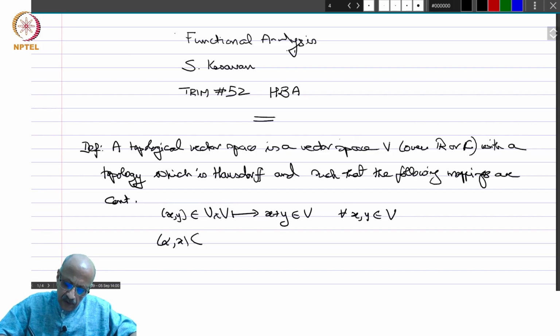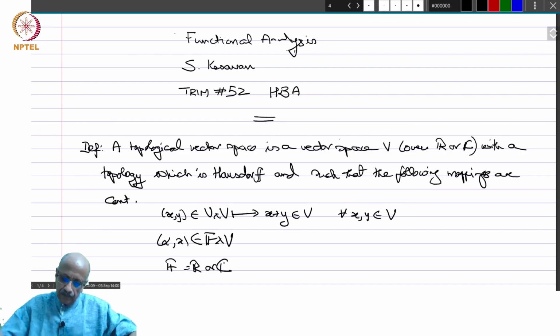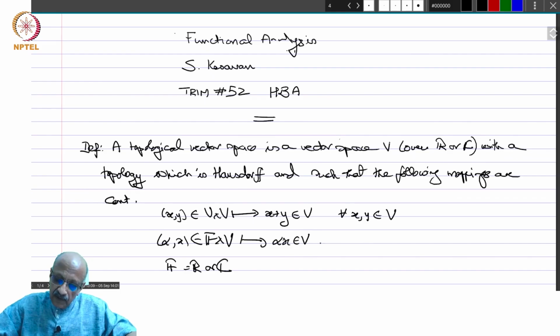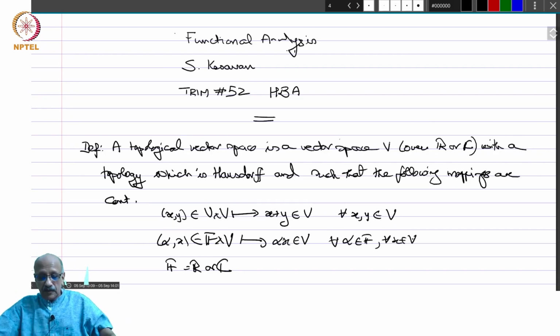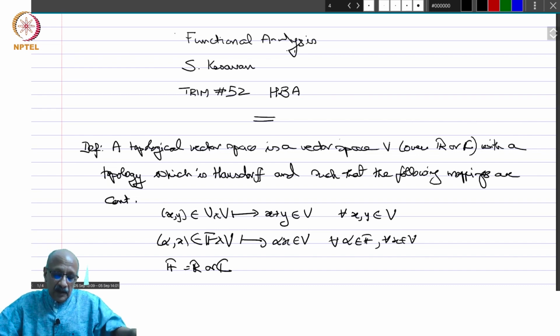And (alpha, x) in F cross V, where F equals R or C, maps to alpha x in V, for every alpha in F, for every x in V. This is scalar multiplication. So we need that these two mappings are continuous.